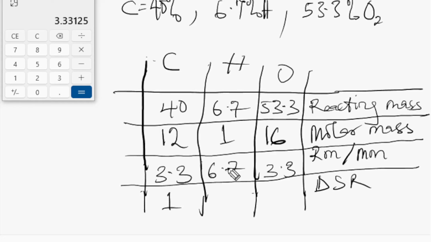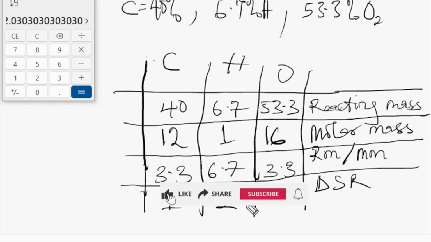And then when we divide 6.7 over 3.3, this is 2.03, and that's approximately 2. So for this, 3.3 over 3.3 is 1.